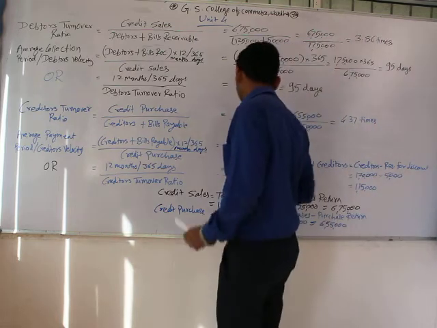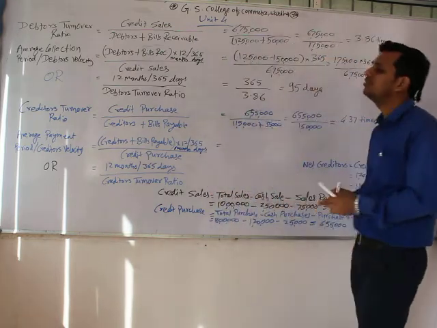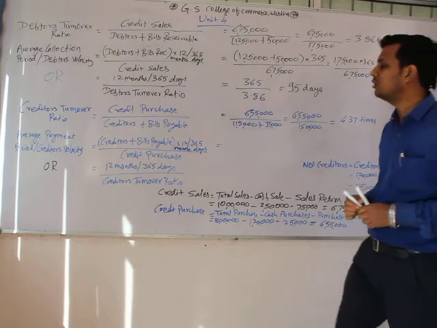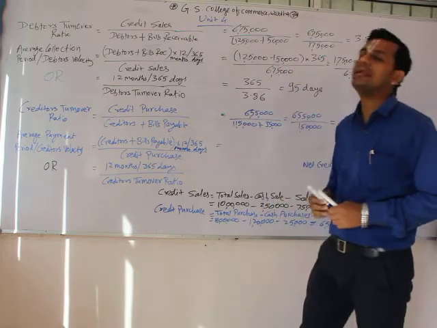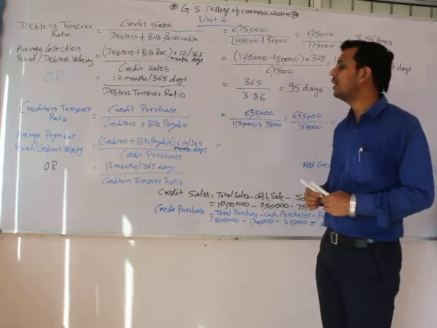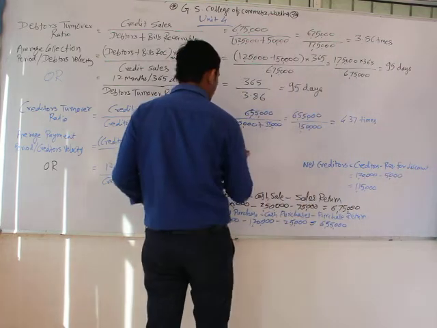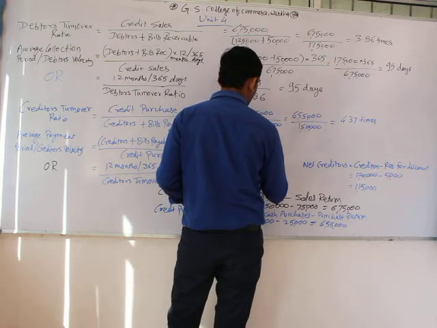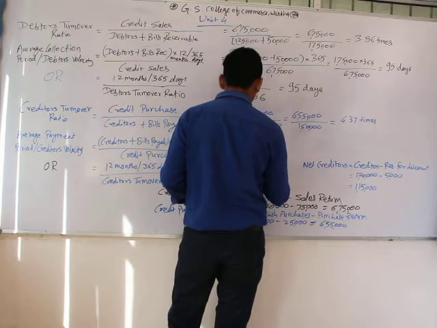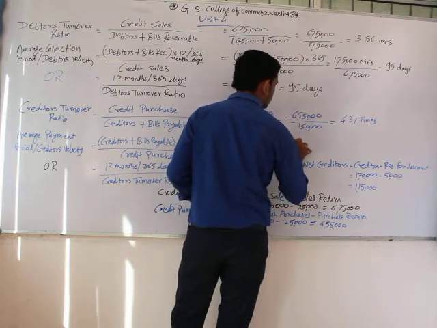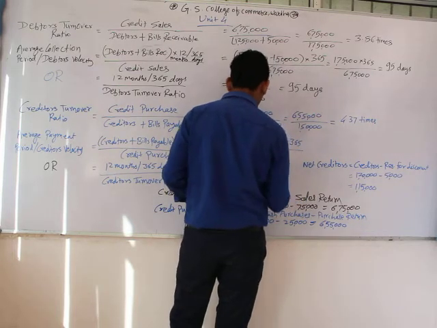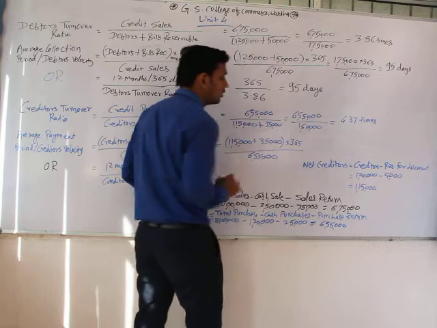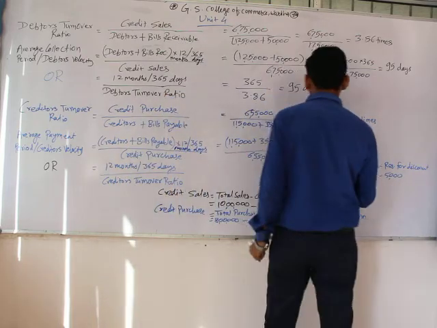Now we have to calculate the second thing, that is average payment period, also known as creditors velocity. The formula is creditors plus bills payable into 365 days divided by credit purchase. Creditors amounted to rupees 1,50,000 as we have calculated in working notes, plus bills payable of rupees 35,000. As the question says there are 365 days in 1 year, we have taken 365 divided by 6,55,000.